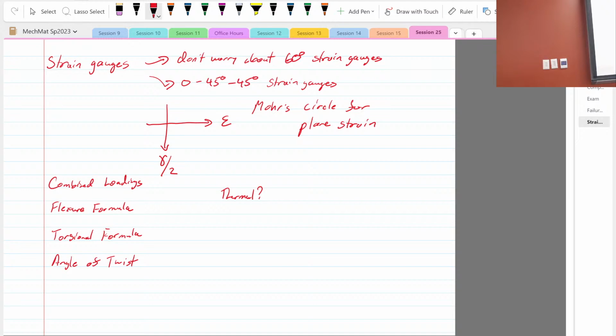I saw on TikTok for Med Materials at a different university, they have a lab, and they were doing the angle of twist, looking at the beam. Yeah, so there are some labs, and right now there's some discussion about whether some of the measurements in senior labs should not wait until two years later, but be coupled very nicely with the material that's being taught.